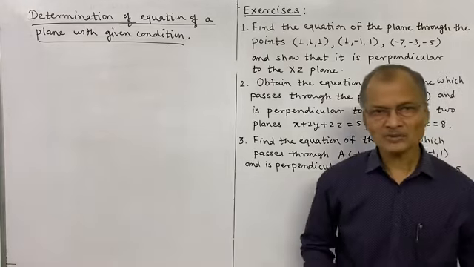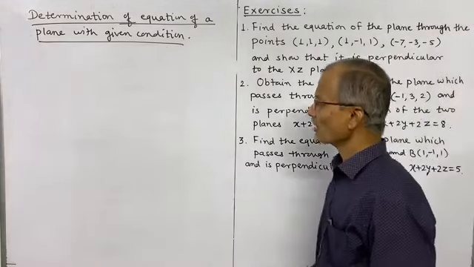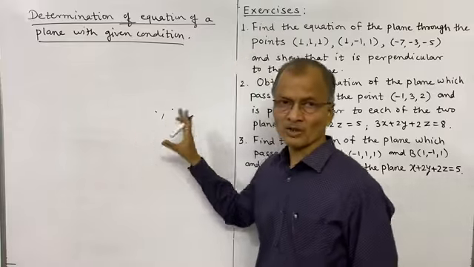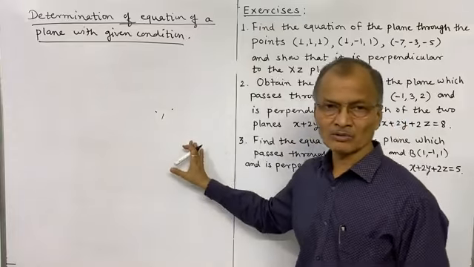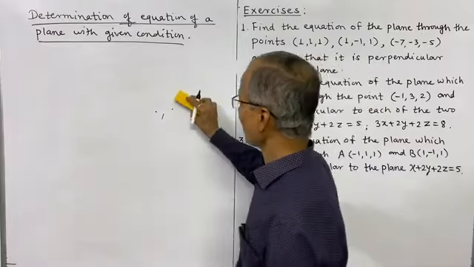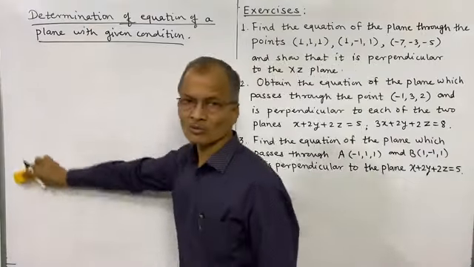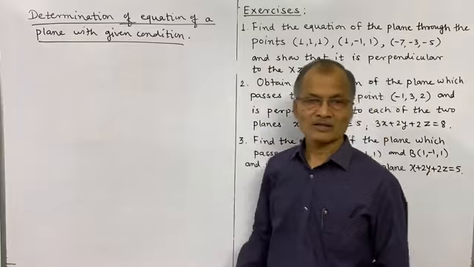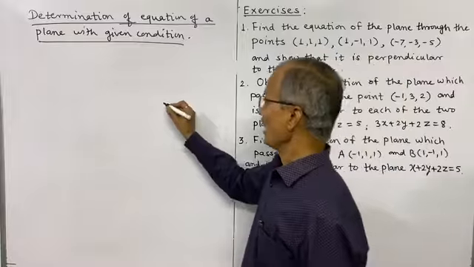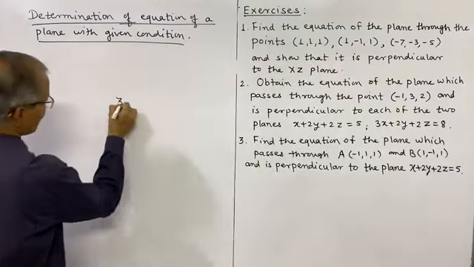The 3 conditions may be 3 points, or 1 point, 2 points and then one more condition, that the plane is perpendicular to the given plane or the line, or 1 point and the plane is perpendicular to the given 2 planes. So these are the different types of conditions, and in all there will be 3 conditions.